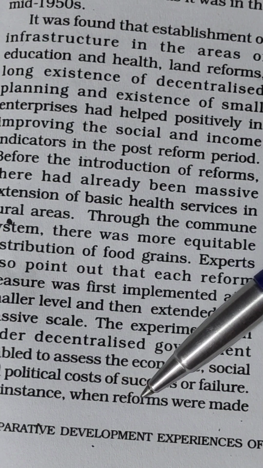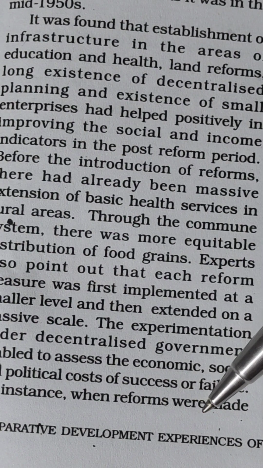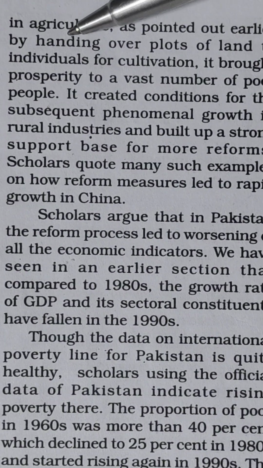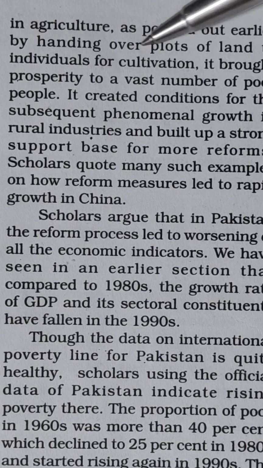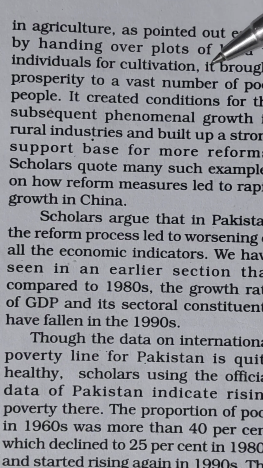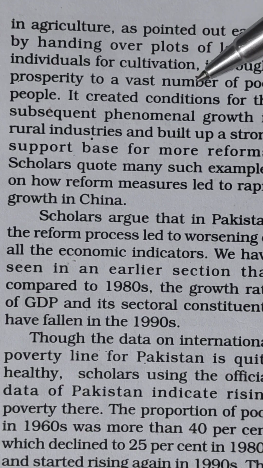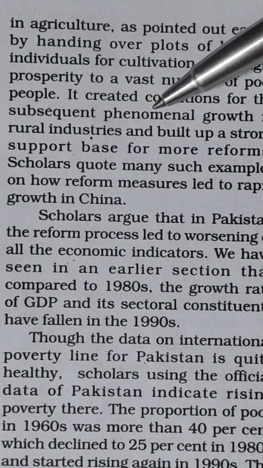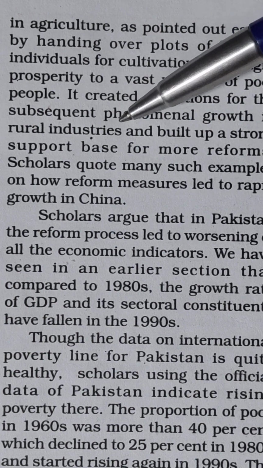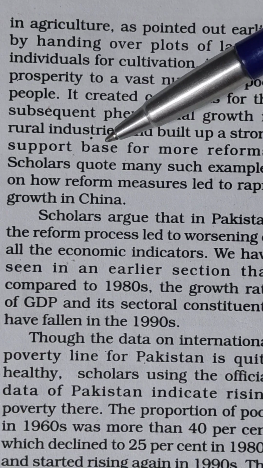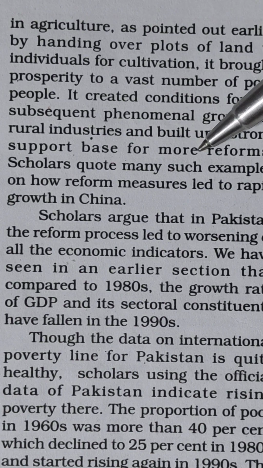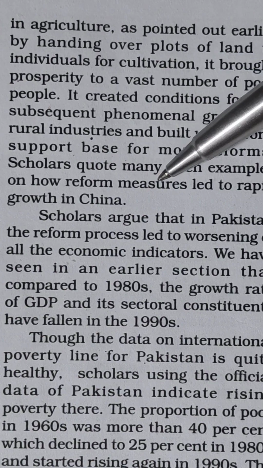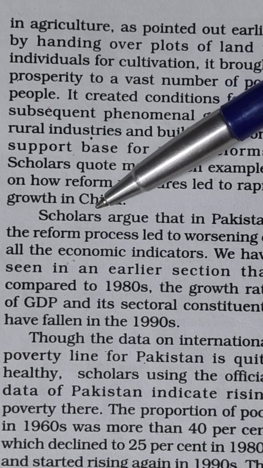For instance, when reforms were made in agriculture, as pointed out earlier, by handing over plots of land to individuals for cultivation, it brought prosperity to a vast number of poor people. It created conditions for the subsequent phenomenal growth in rural industries and built up a strong support base for more reforms. Scholars quote many such examples on how reform measures led to rapid growth in China.